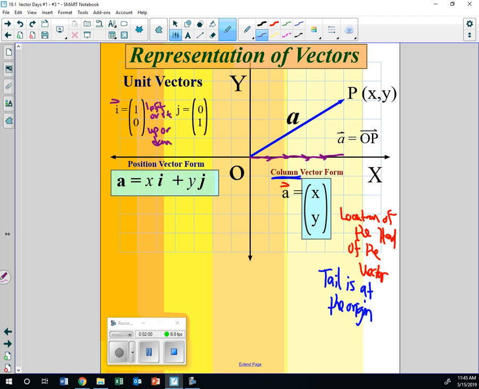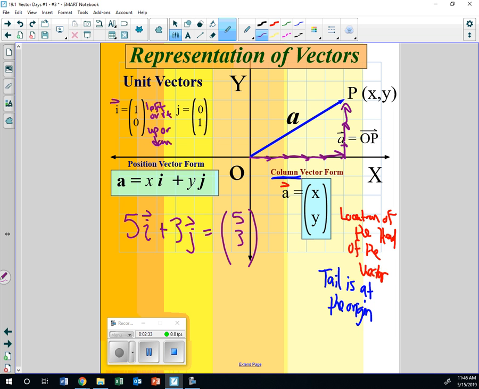How many of these does it take to get horizontally to x, y? 5. 5 of these little i unit vectors. Then to go up, we're going to go 1, 2, 3 of these little ones. 3 of the j unit vectors. And so 5i plus 3j is the position vector form for column vector 5, 3.